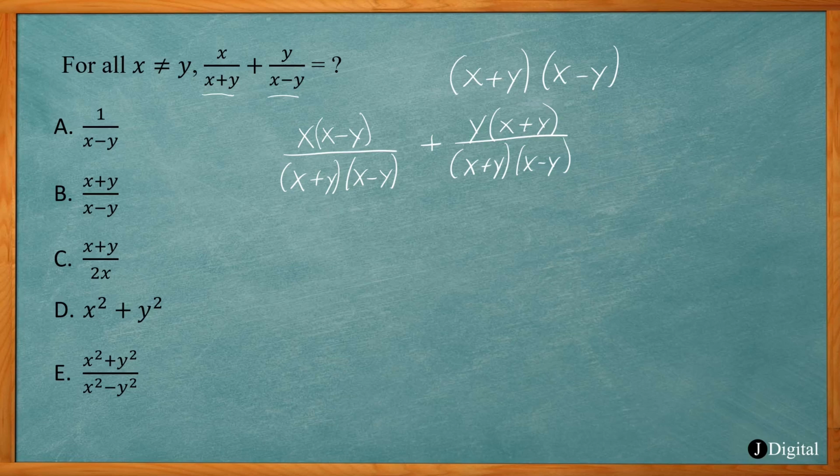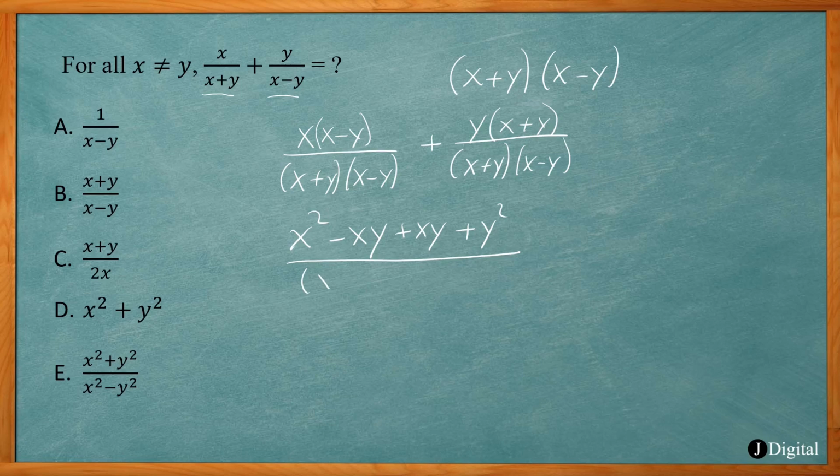And like any other fractions with common denominators, we can add the numerators together. So I'm going to multiply it out. x times x is x squared. x times negative y is negative xy. And then on the second fraction, y times x is xy, and y times y is y squared.